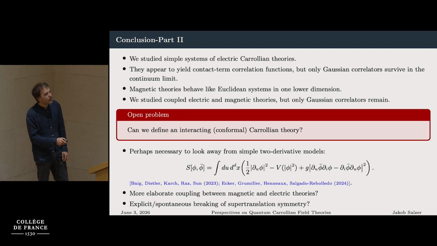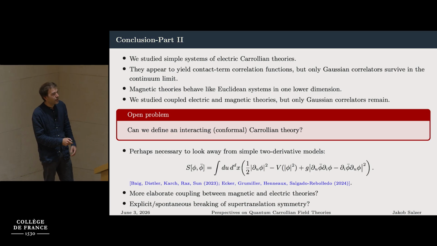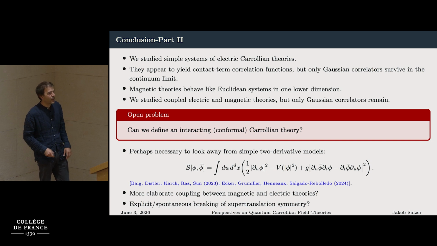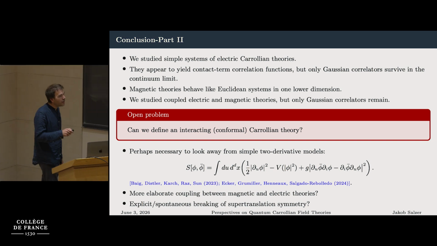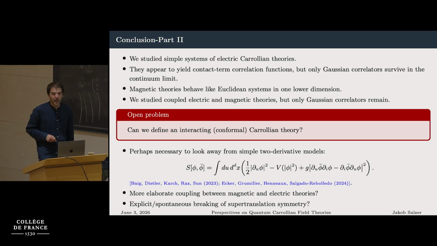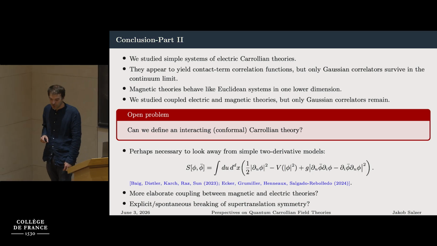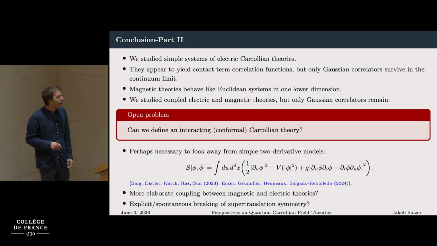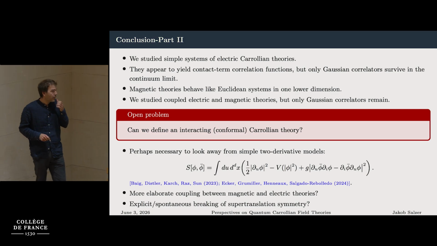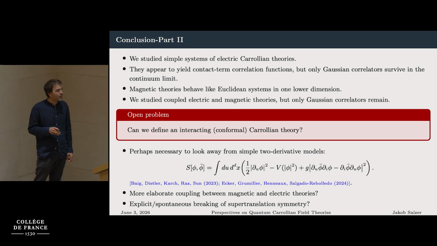And you see here that you can have spatial derivatives. You might want to call this an electric Carrollian theory. You can have spatial derivatives, but you have to have this interesting Carrollian invariant term here. So maybe we have to quantize a theory of that type, and then we will find something non-trivial. I don't have much to say about this other than we had a quick look and there was no immediate easy way to do it.